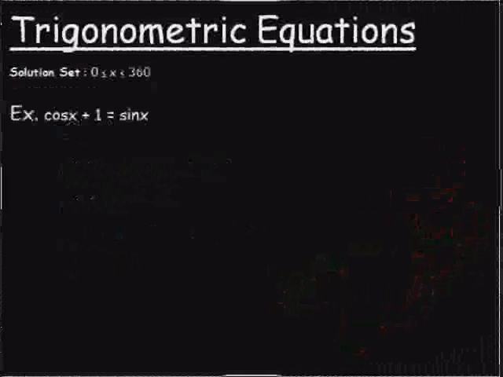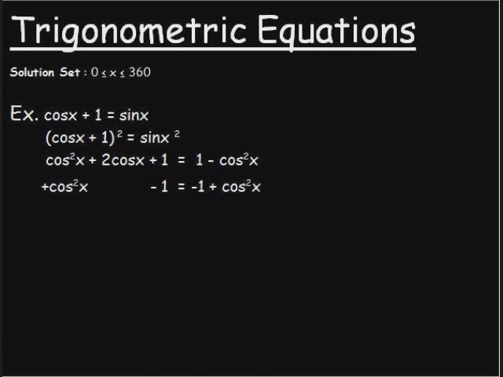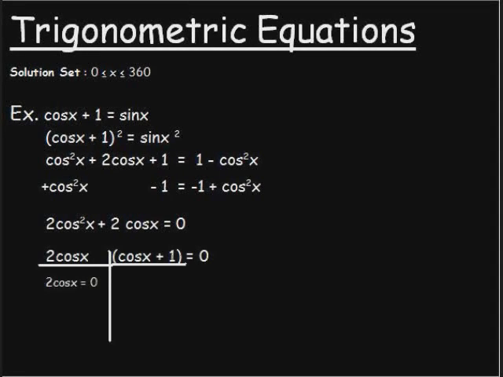Now, our second example is cosine x plus 1 equals sine x. You would square both sides, and you get cosine squared x plus 2 cosine x plus 1 equals 1 minus cosine squared x. You would add cosine squared x to both sides, and subtract 1 on both sides. Then 2 cosine squared x plus 2 cosine x equals 0.